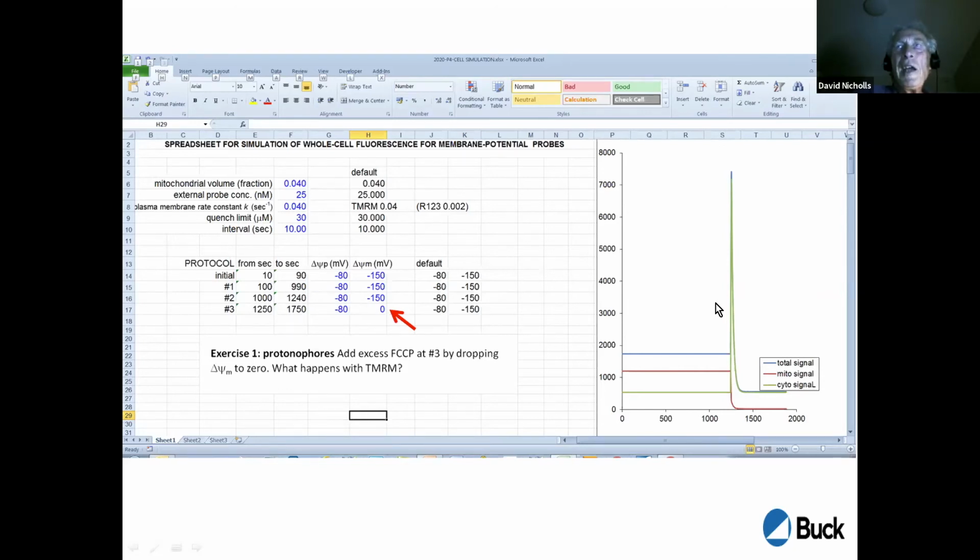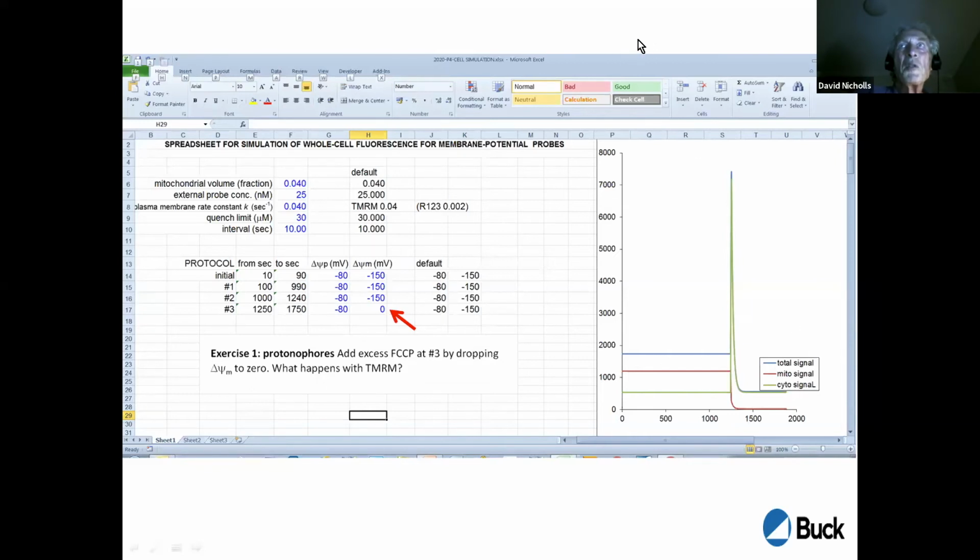So the excess leaves the cell quite simply to restore equilibrium. So you get this spike and recovery. The spike is the dequenching as it comes out to the cytosol, and then the subsequent fall is the probe leaving the cell, crossing the plasma membrane.